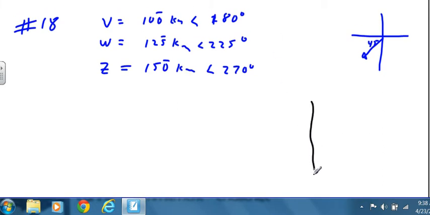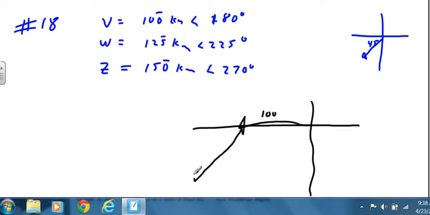So now I'll draw a picture. And what I need to do is I need to solve the first one before I can solve the second one. All right, so I'm going this way at 100. And then from there, I'm going to go that way for 125.